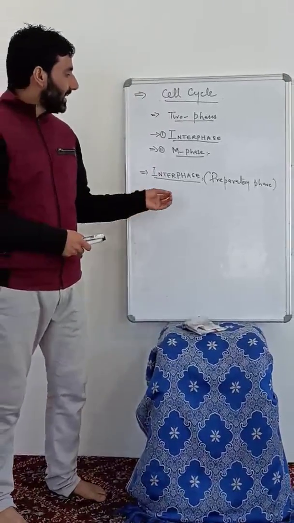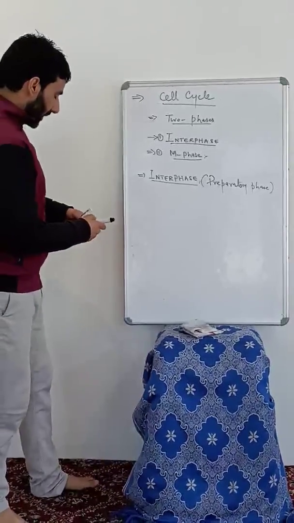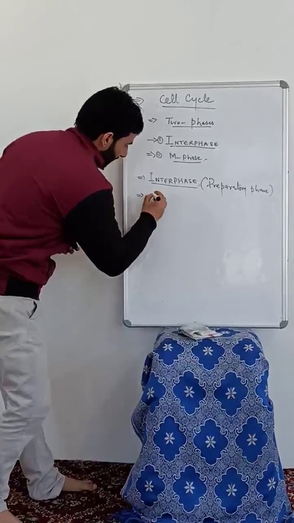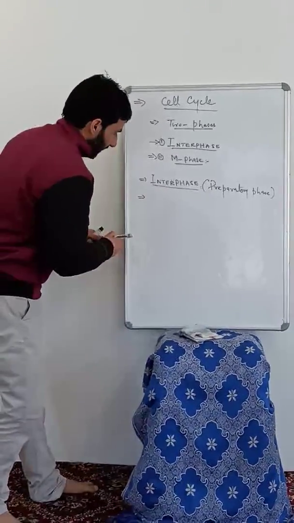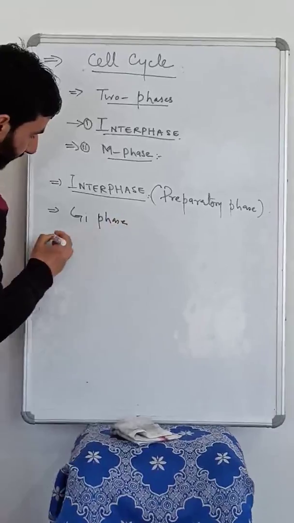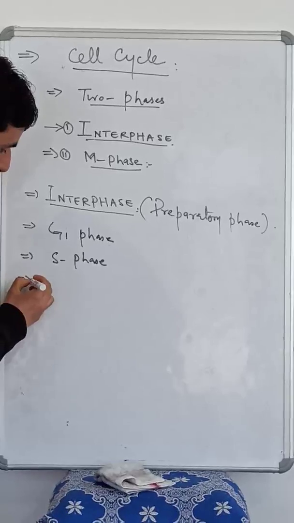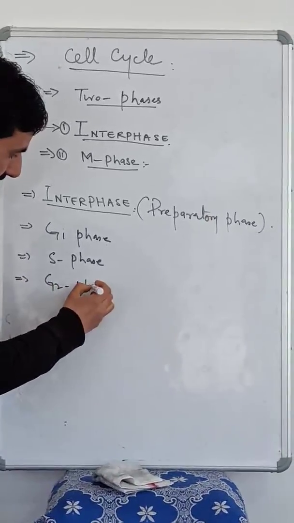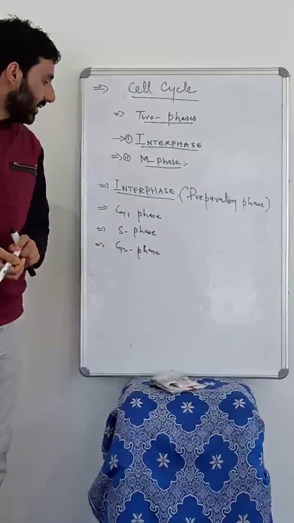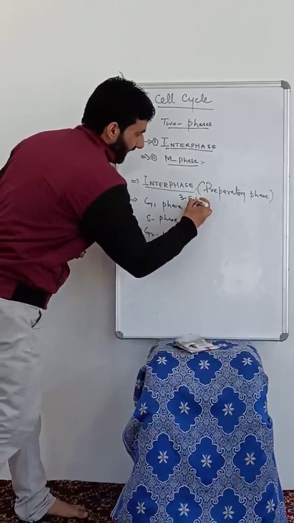This interphase is divided into subphases. The first is the G1 phase, the second is the S phase, and the third is the G2 phase.